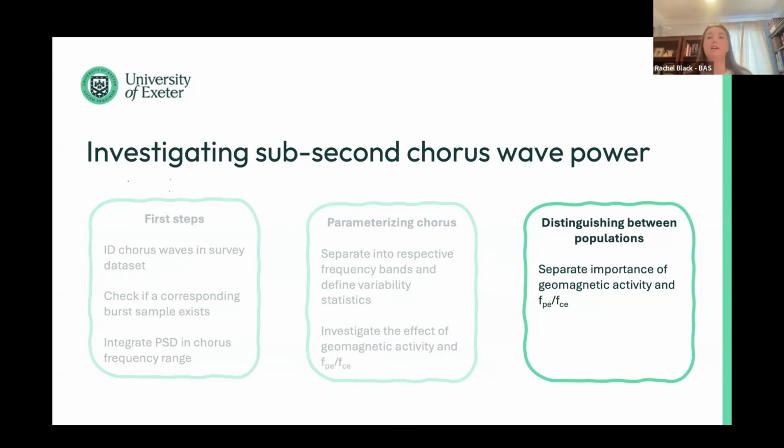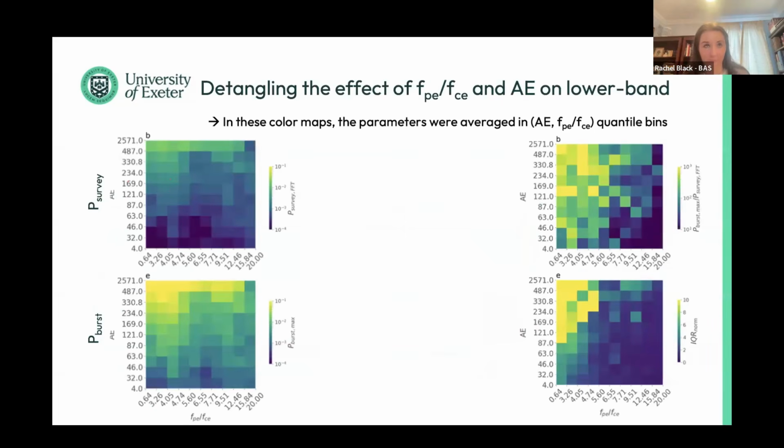Finally, to further distinguish between our populations and separate the importance of geomagnetic activity and the plasma to gyro frequency ratio, we created these statistics where we averaged the power and variability into activity and ratio quantile bins.